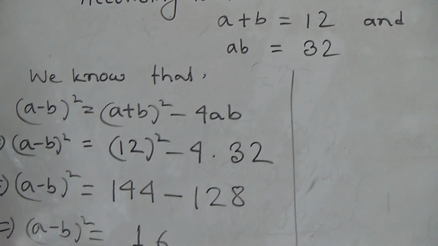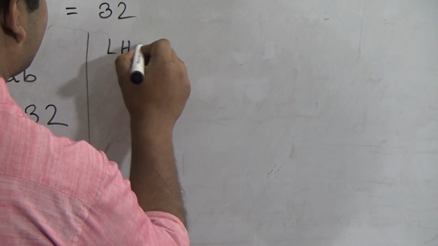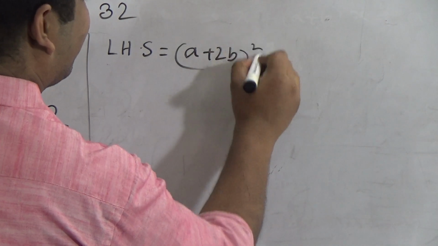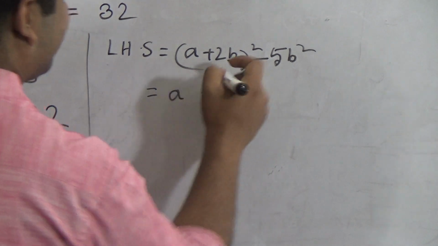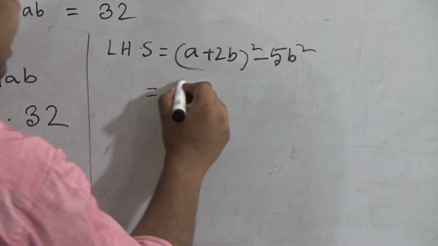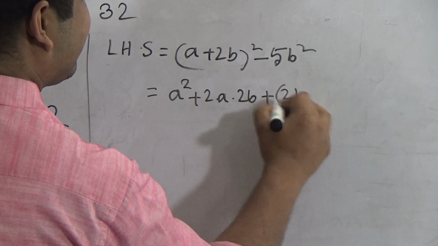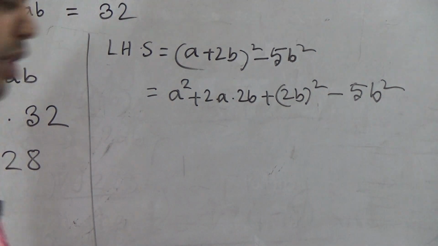We need this value to calculate the left hand side of this question. Now here I write left hand side. Okay, here A plus 2B whole square minus 5B square. Now we do the square of this term, A square plus 2 into A into 2B plus 2B whole square minus 5B square.